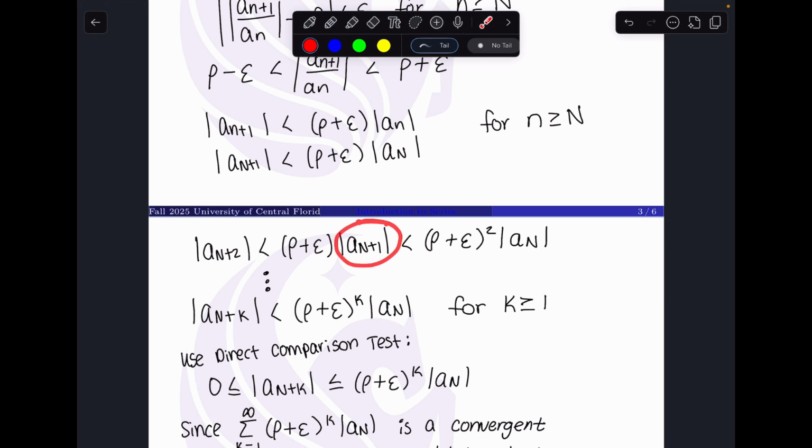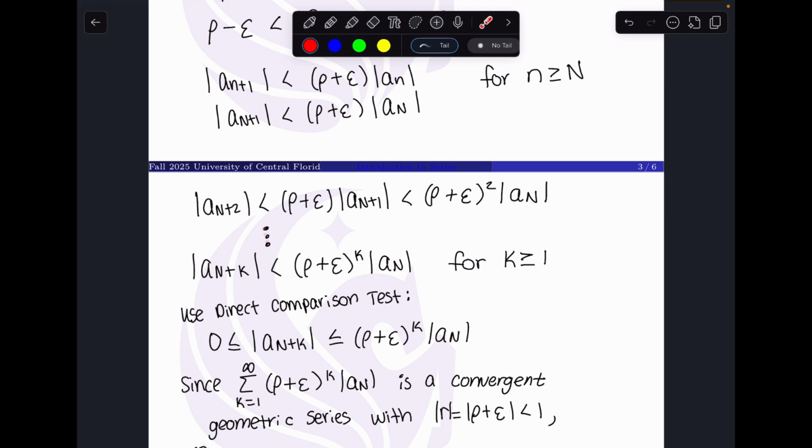I know that the absolute value of a sub big N plus 1 is less than rho plus epsilon times the absolute value of a sub big N. So if I substitute this in here, then a sub big N plus 2 is less than rho plus epsilon squared times the absolute value of a sub big N. And we could continue to do that until we get that the absolute value of a sub N plus k is less than rho plus epsilon to the kth power times the absolute value of a sub N, for k greater than or equal to 1.